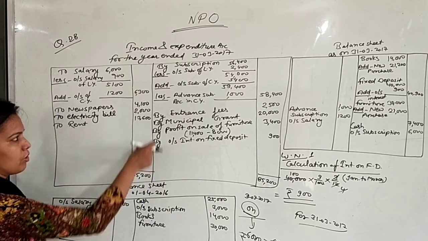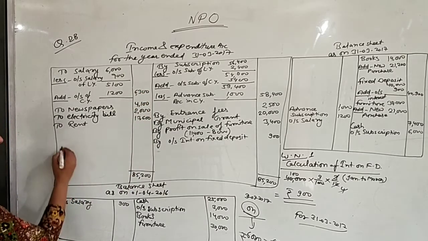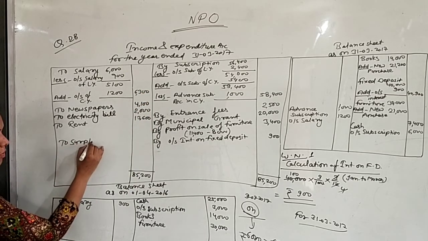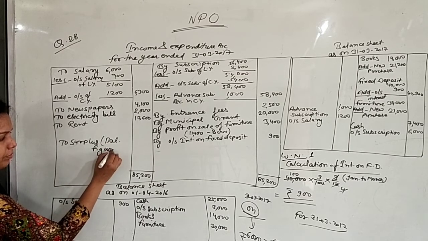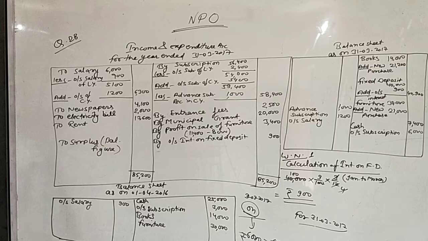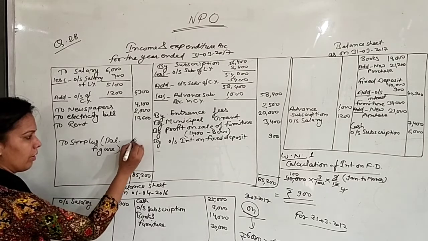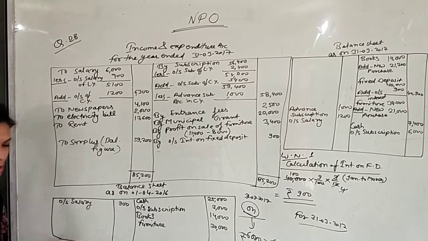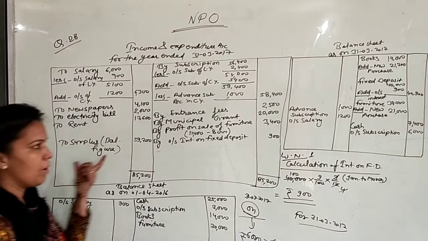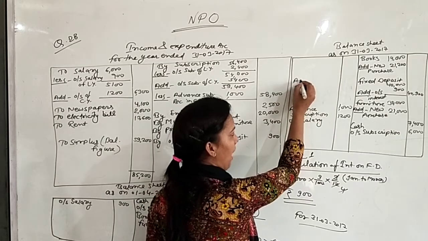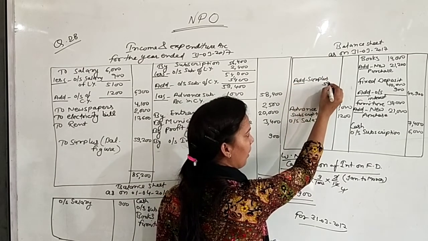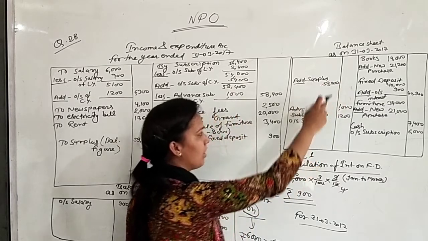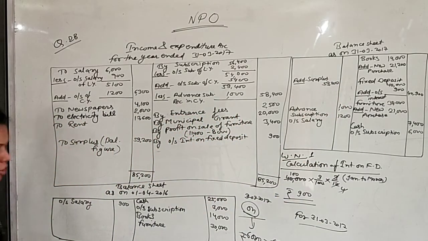Out of this 85,200, deduct these items, then you will get the surplus, and that surplus is your balancing figure. So it is 59,200. This is your surplus amount. This surplus amount will be transferred, added to your capital fund, 59,200. But before this, we have to close the opening balance sheet.